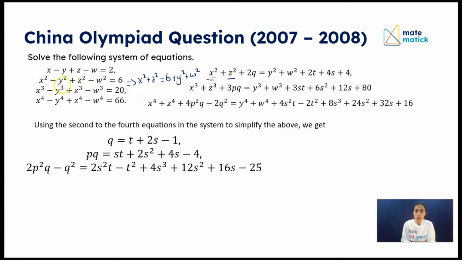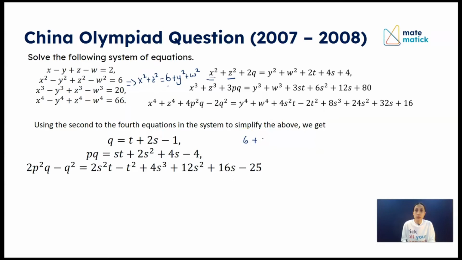Because I'm gonna put these two to another side, so x squared plus z squared will become equal to 6 plus y squared plus w squared. Okay, now let's write it.